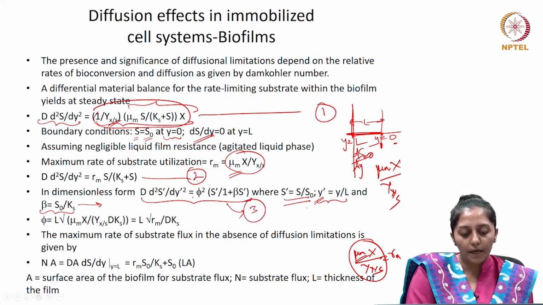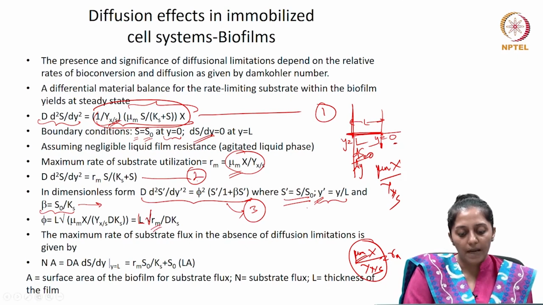And your phi is again a form of Thiele modulus in such systems, where this stands for the thickness of the biofilm and the ratio of the maximum reaction rate or substrate utilization to diffusion rate.